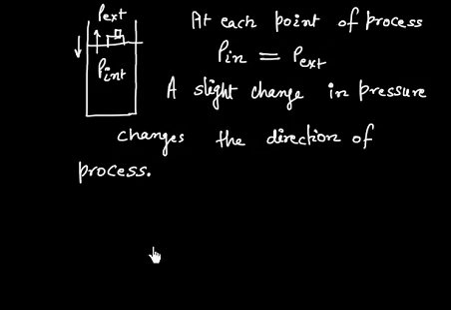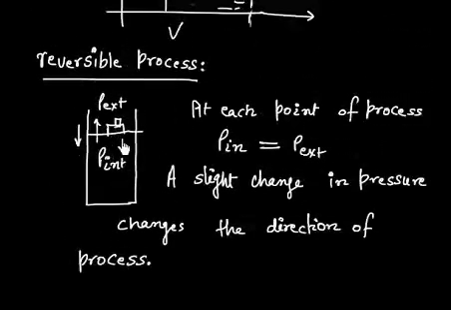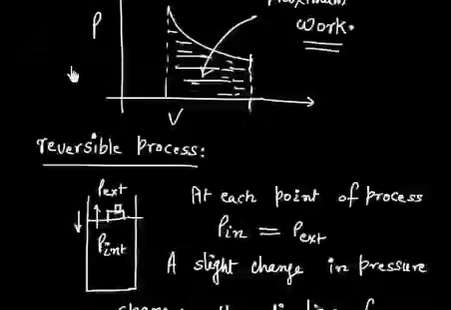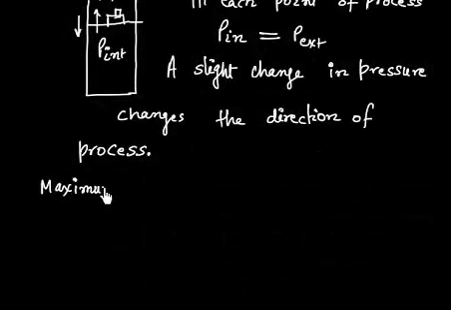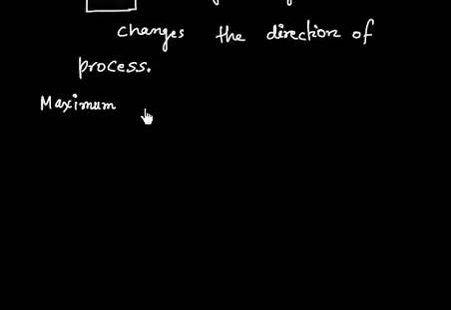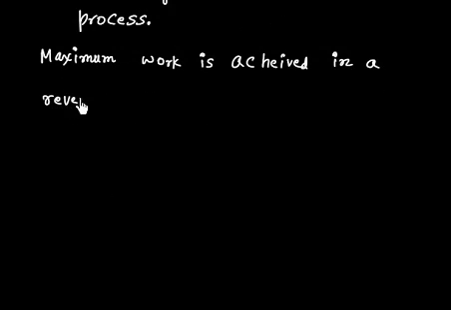This kind of process is called a reversible process. So now I can say maximum work is achieved when the process is reversible. So maximum work is achieved in a reversible process.